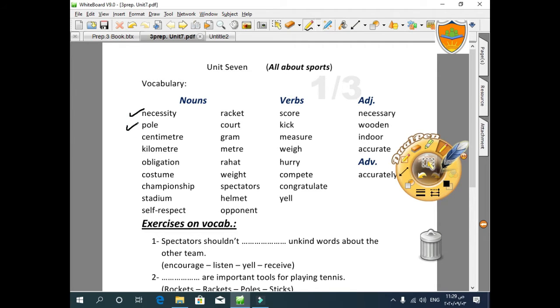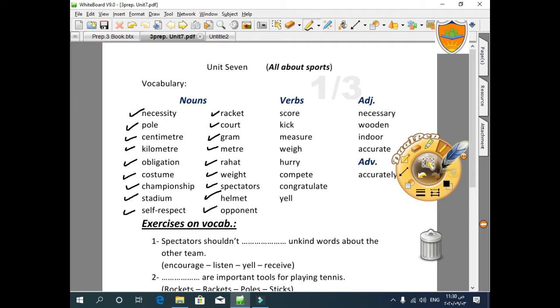Pole, centimeter, kilometer, obligation, costume, championship, stadium, self-respect, racket, court, gram, meter, rahat, weight, spectators, helmet, opponent.